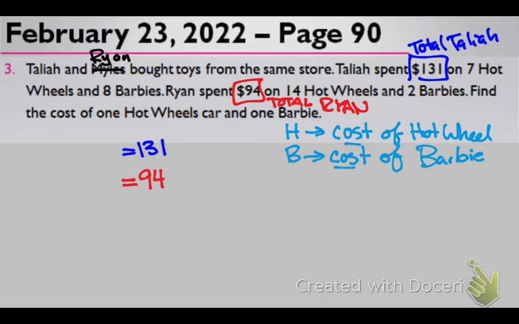All right, what else does our problem tell us? Our first one says 7 Hot Wheels and 8 Barbies. The other one says 14 Hot Wheels and 2 Barbies. How can I write that in my equation?